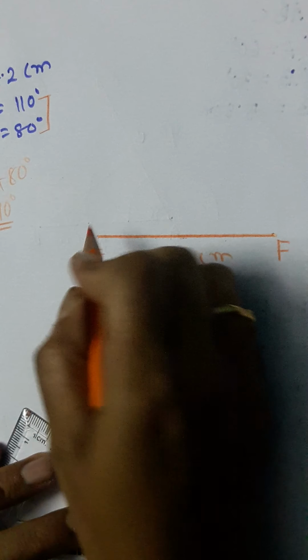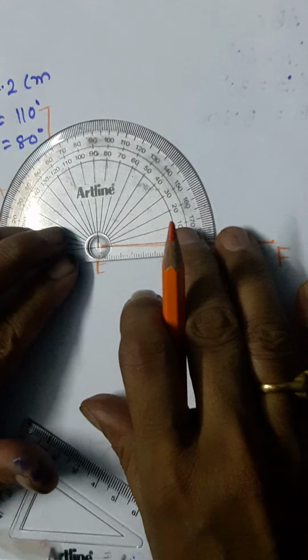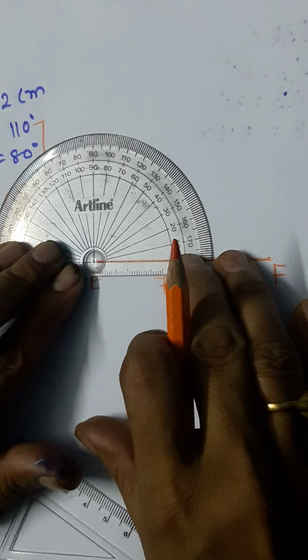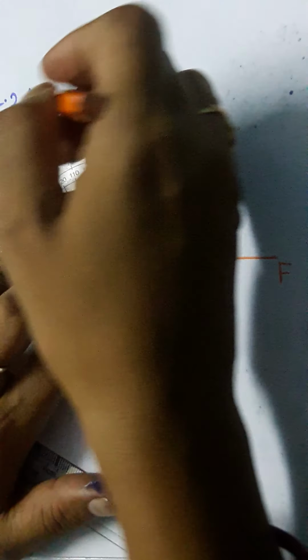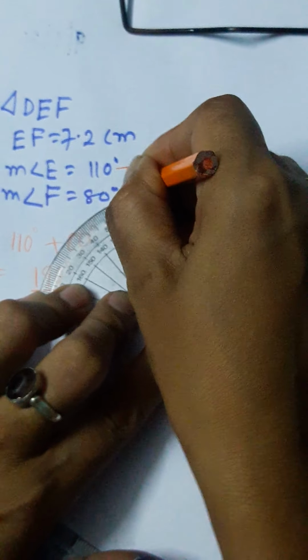Now at point E we have one angle that is equal to 110 degree. I will draw a 110 degree angle. So I have put this one, you can see. Let's count from 0. Where you will get 110, this point is 110.